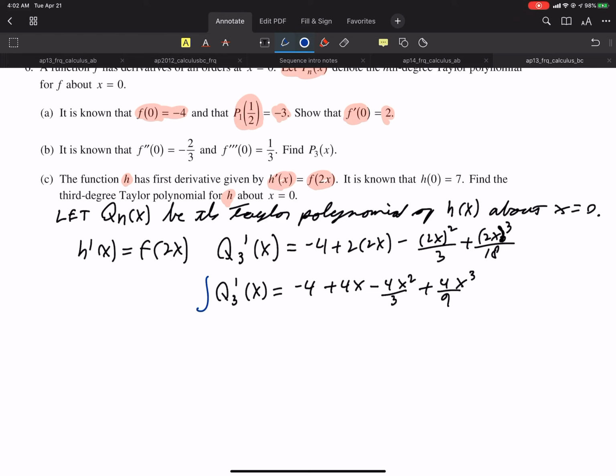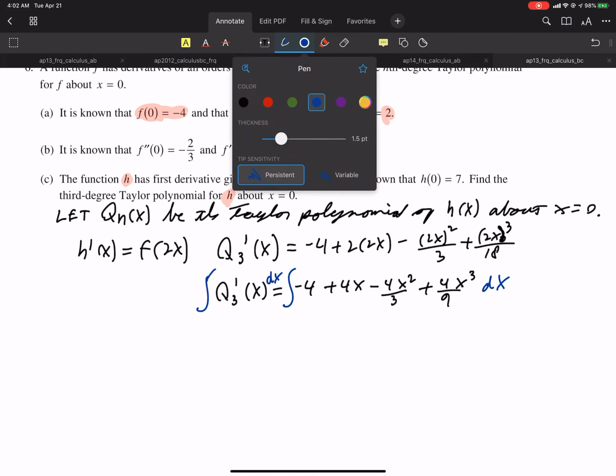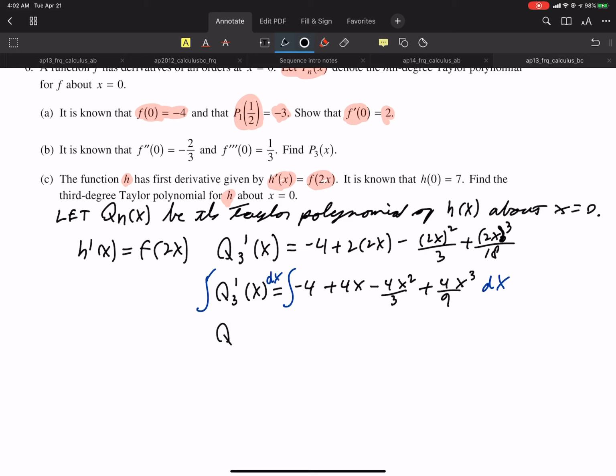Now if we integrate both sides, we can get q. So we're going to integrate both sides with respect to x. And what we're going to get is this.